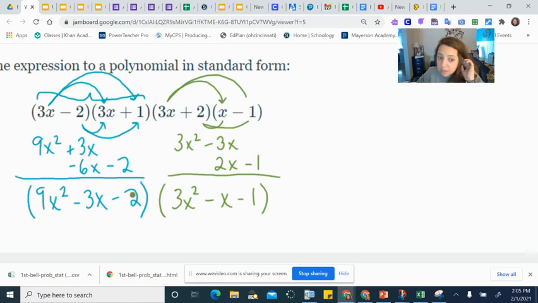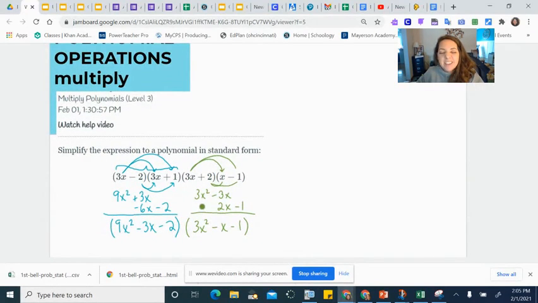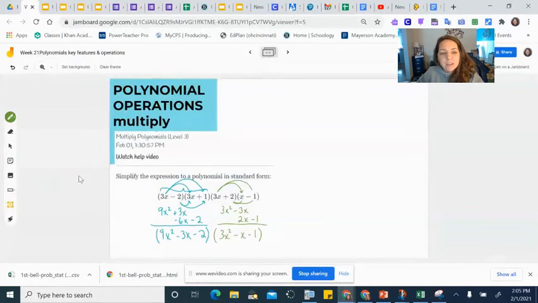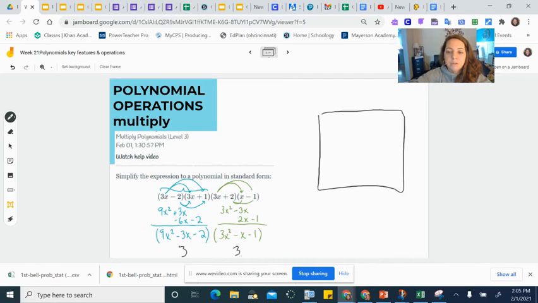So now I have to multiply this blue trinomial times the green trinomial. This time I am going to use a box, and here's why. This is going to be a lot of different things for me to keep track of. So it will make my life easier if I go ahead and use a box. This is a trinomial, and this is a trinomial, 3 terms each. So I'm going to need a 3 by 3 box.